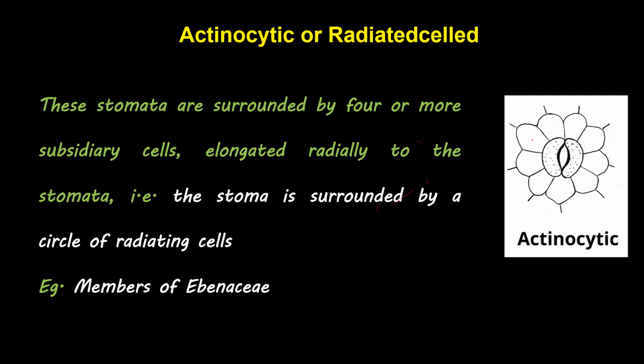They are surrounded by cells which are arranged in a circle as if it is radiating. See, take a note of these. This is called actinocytic type. It is found in members of Ebenaceae.